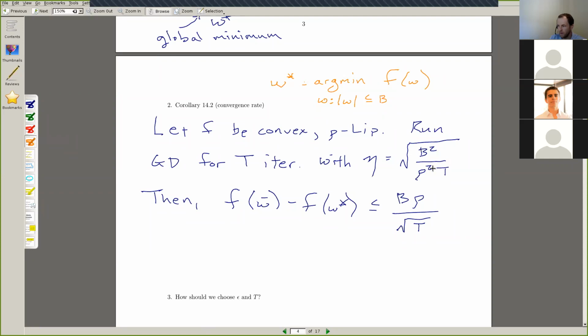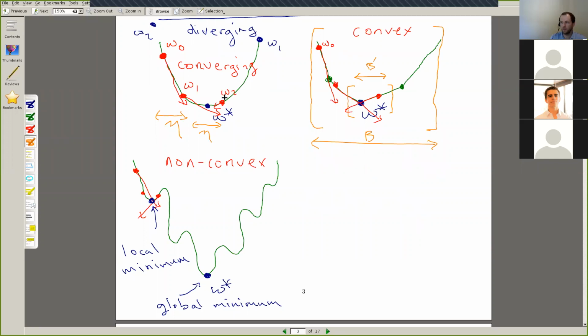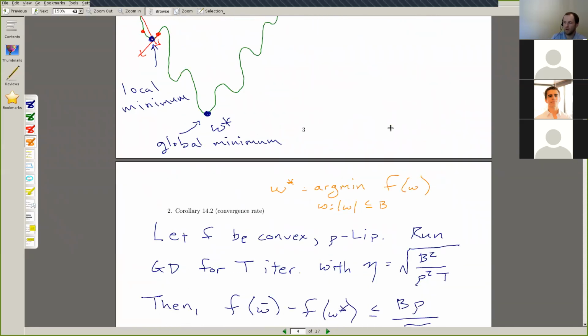So the only part that this B comes in is this definition, or this range that we're doing the minimization over, and it tells us how big this w parameter can possibly be. In the case of these single dimensional examples like this, that norm can just be the absolute value, but typically in the multi-dimensional case, it is the L2 norm. But the L2 norm is equivalent to the absolute value in the one-dimensional case.